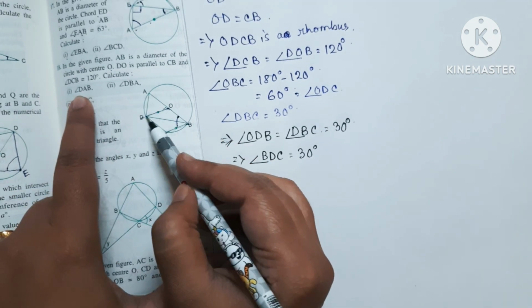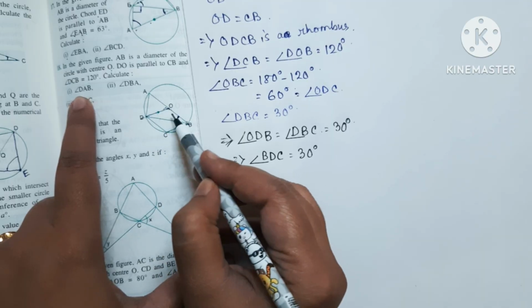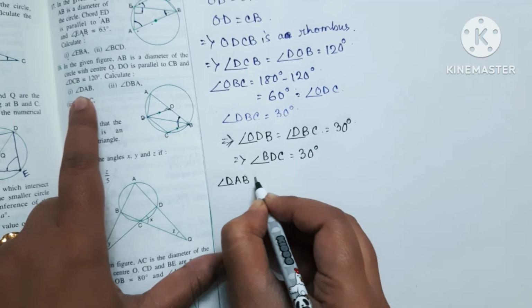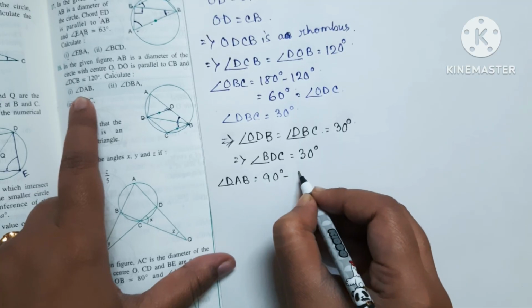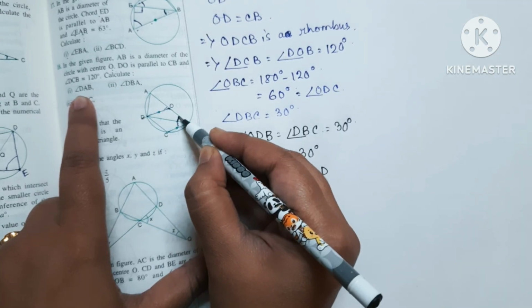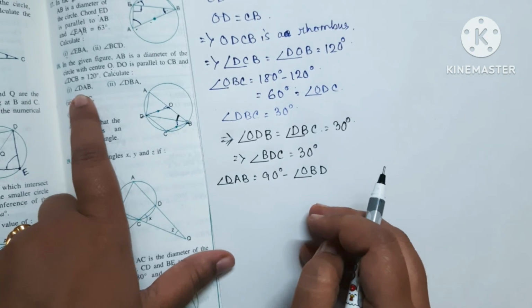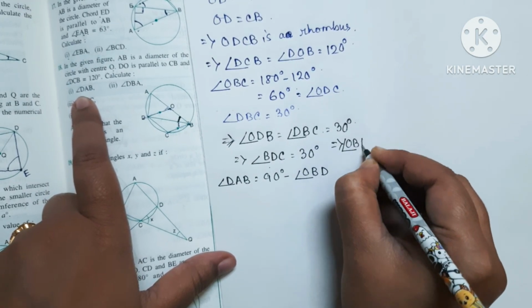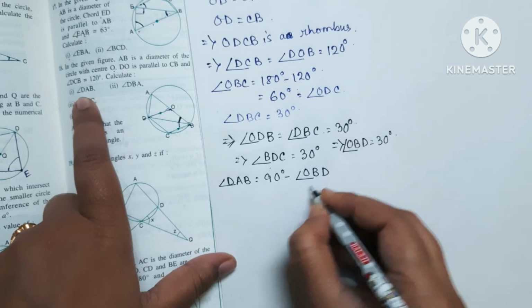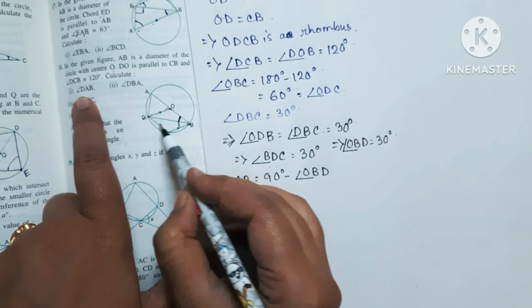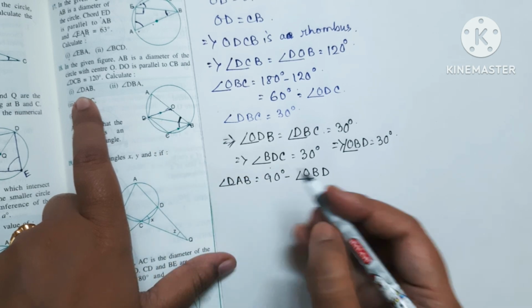Now see, this is a right triangle. This angle plus that angle will be 90 degrees. So angle DAB is equal to 90 degrees minus angle OBD. This angle OBD means this angle. Angle OBD is also 30 degrees, since BD is the angle bisector of this angle, since this is a rhombus.